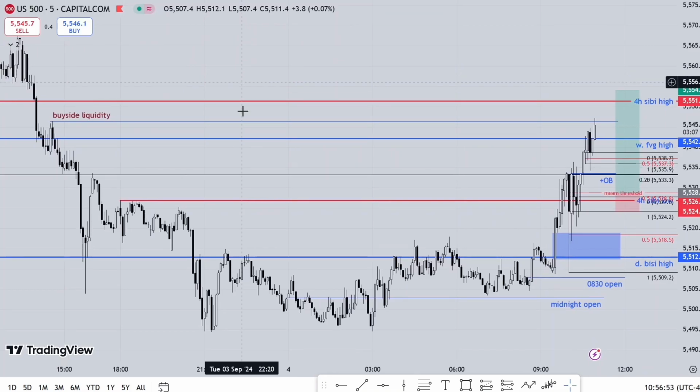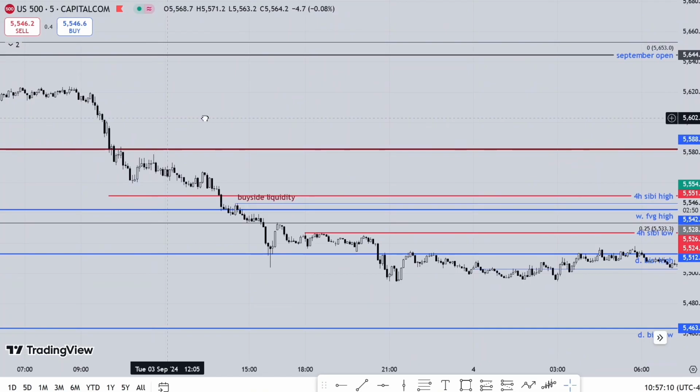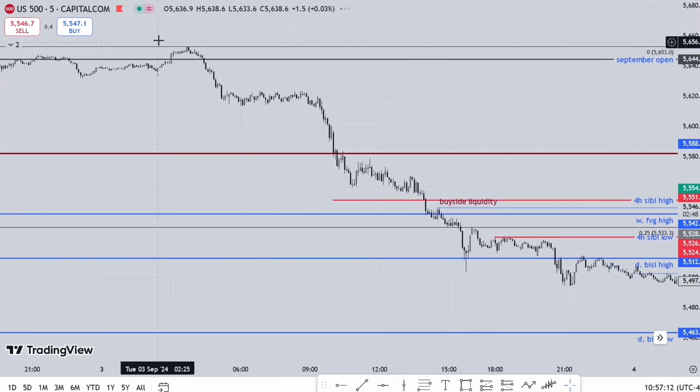We currently have a high resistance liquidity run like this because of yesterday's trading. Yesterday's trading was one-sided. We had one-sidedness in price like this. So you see, yesterday price was just falling.